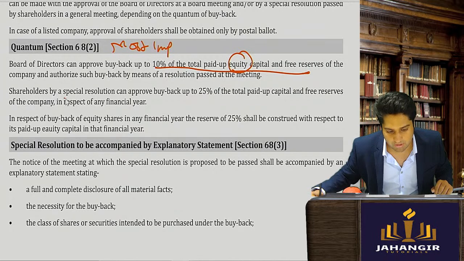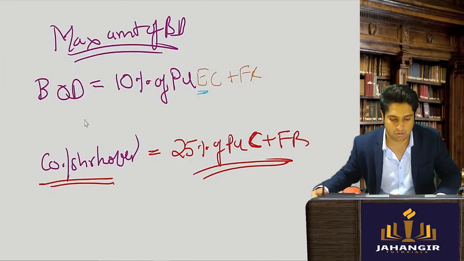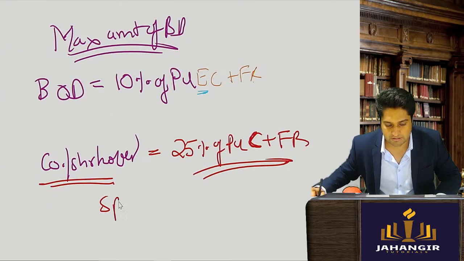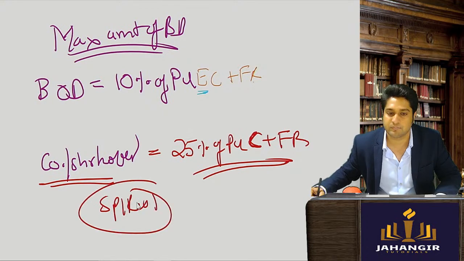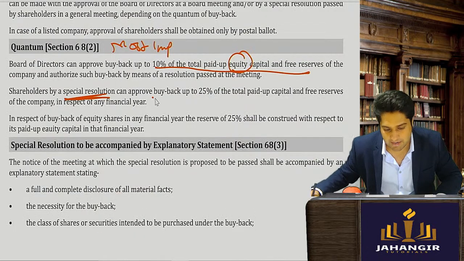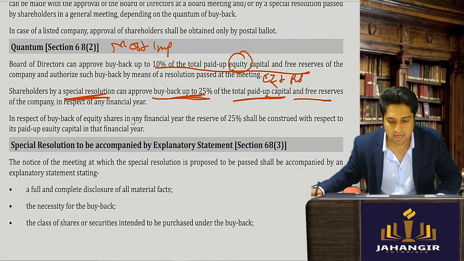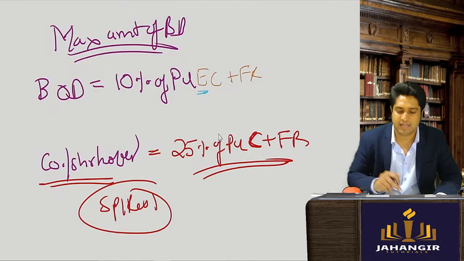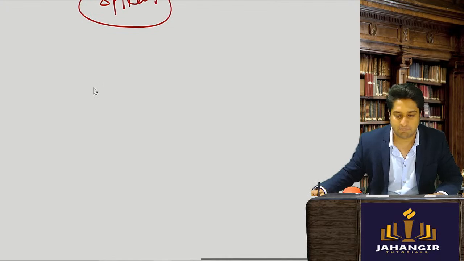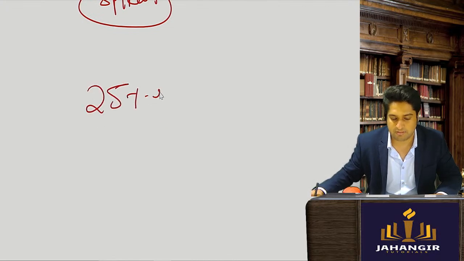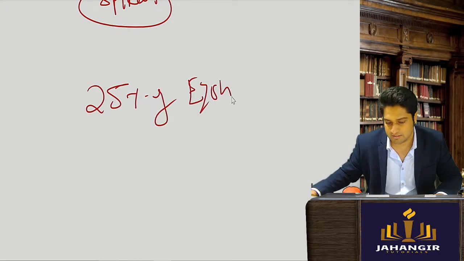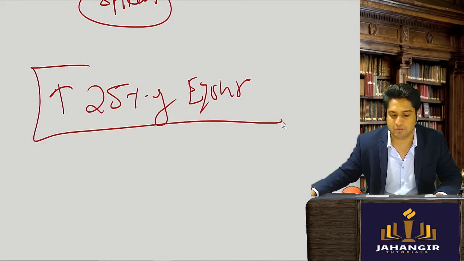The shareholders by special resolution. So the shareholders will have to take a special resolution for this. Okay, can buy back up to 25% of the paid up capital. Now paid up could be equity plus preference plus free reserves, and at any point of time the company cannot buy back greater than 25% of equity shares.